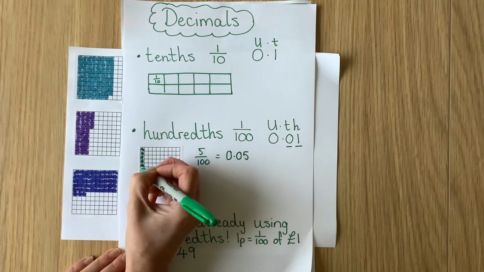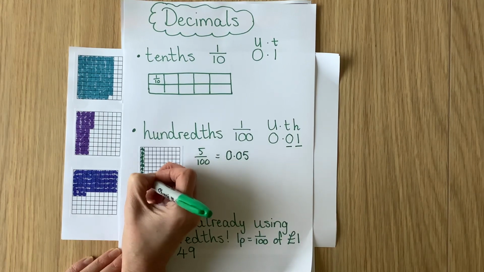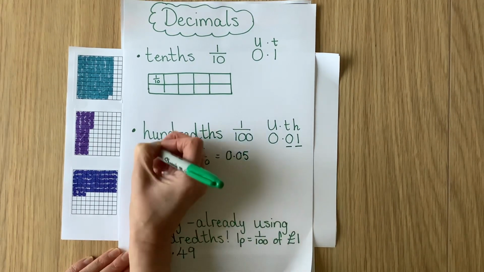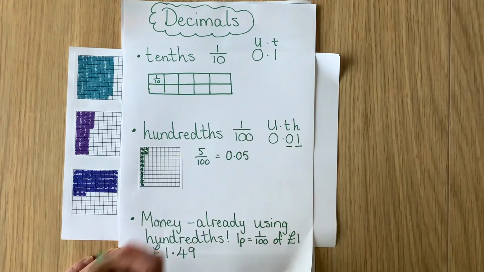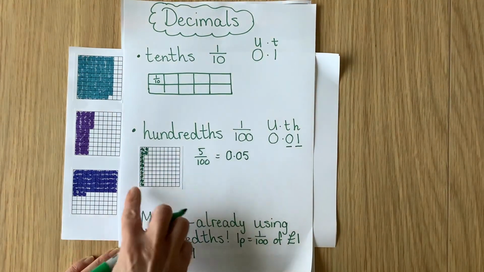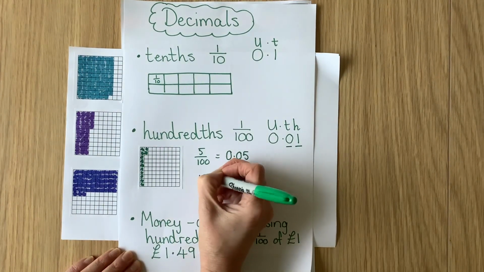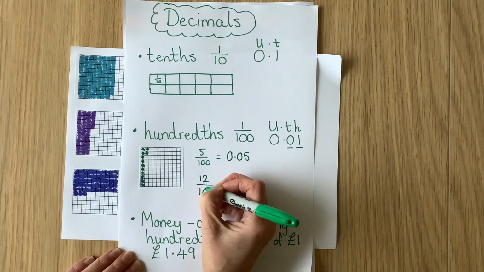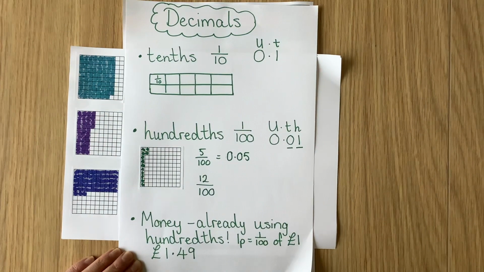What if I coloured in a few more? If I kept going and finished that first group of 10 and I coloured in another 2, how many have I coloured now? Well, I've coloured in 10 plus 2, so I've now coloured in 12 hundredths. 12 out of the 100 are coloured in.